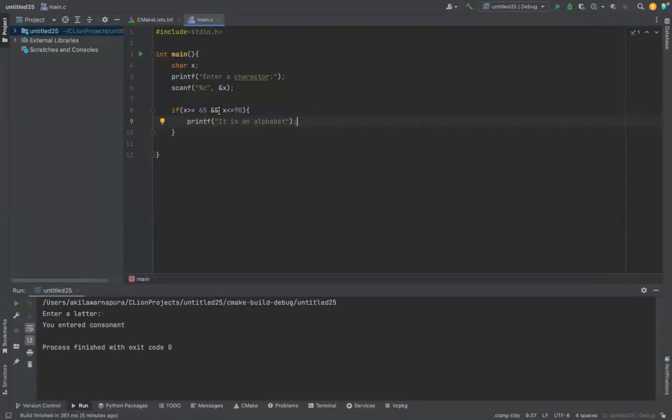So here I check only the capital letters. Else, we can say it is not an alphabet. We just check whether it's working properly. Let's say A.